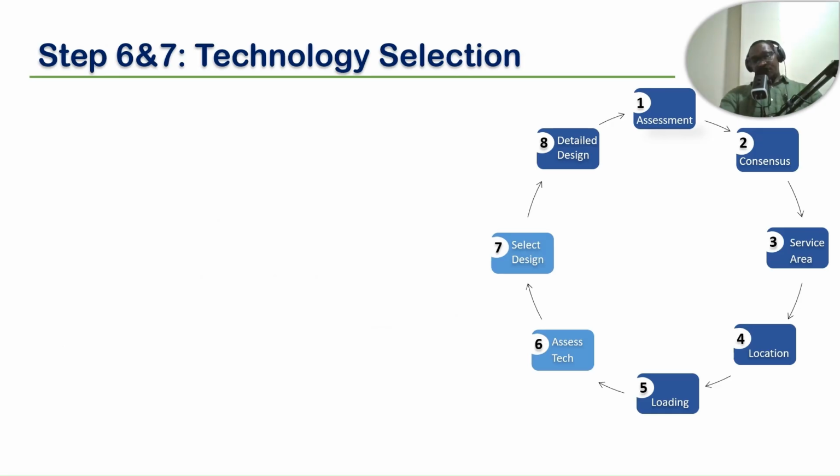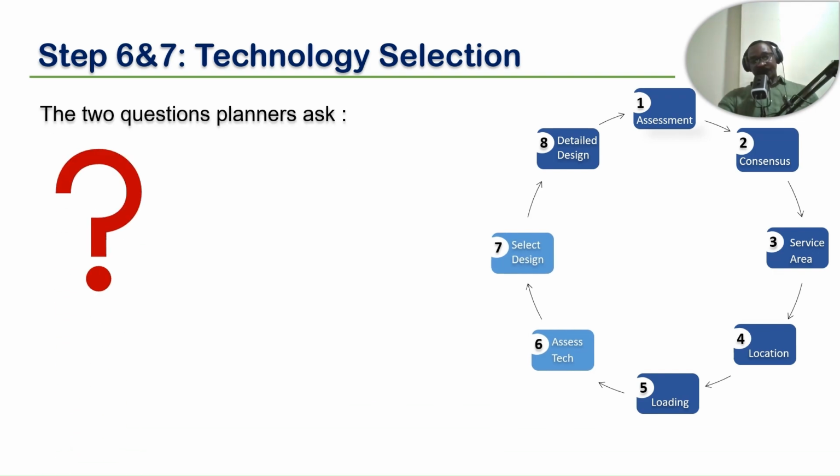Now let's look at issues to do with technology selection. Here we have combined 6 and 7, assessment of the technology and selection of design. Now with this, there are two core questions that most planners ask. The first one is, how well does this solve the problem?